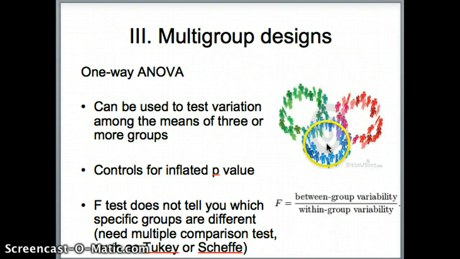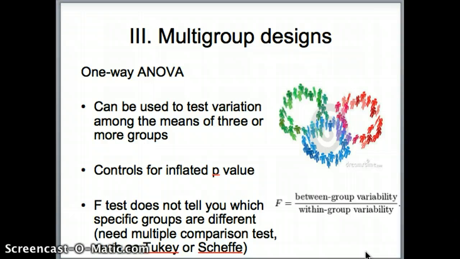Because you could have Group A different from Group B, but Group A not different from Group C, and Group B and Group C not different from each other. So there's a whole host of ways that the groups can differ from each other, and the post hoc test will allow you to pinpoint that.